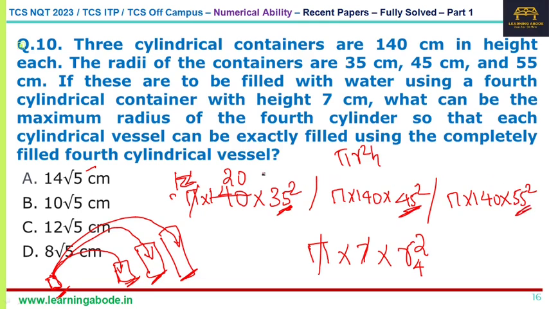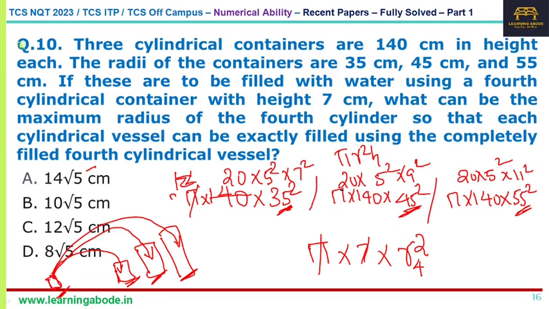If you take the 5 square outside, you have 5 square into 7 square, 5 square into 9 square, and 20 into 5 square into 11 square. Now 7 square, 9 square and 11 square, there is nothing common.